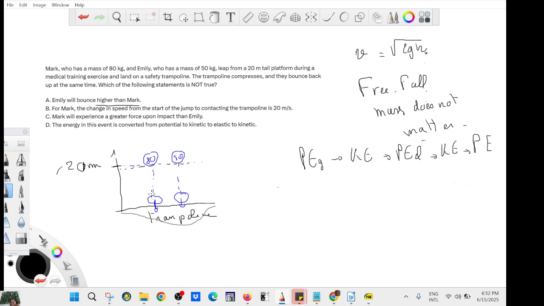So if there is no air resistance and no loss, they will both go back to the same height because of conservation of energy.